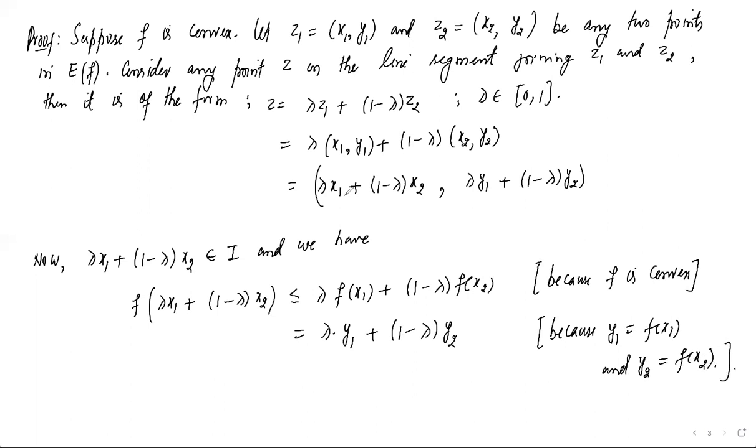So therefore, what we have shown: we had chosen 2 points z1 and z2 inside E of f, and this was the line segment joining these 2 points. Now it has this form, and this point lies inside E of f, because we have shown that f of lambda x1 plus 1 minus lambda x2 is less or equal to lambda times y1 plus 1 minus lambda times y2.